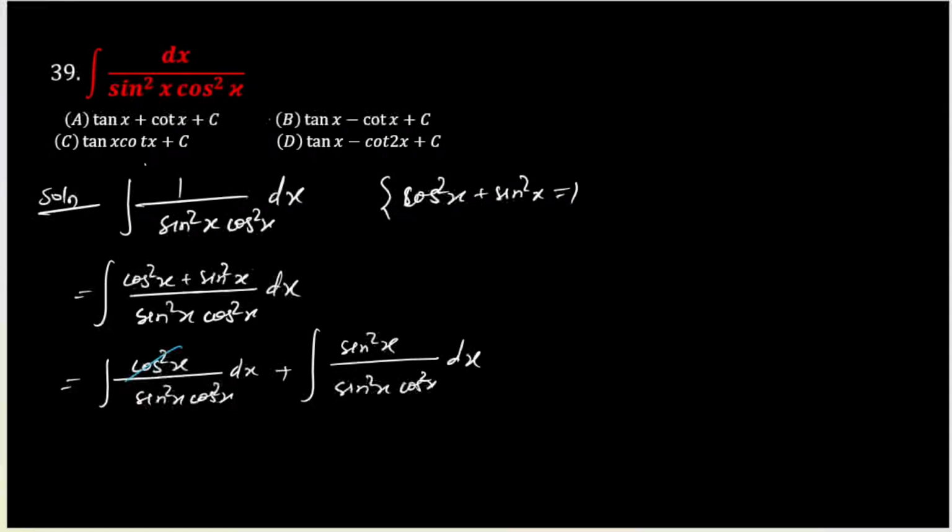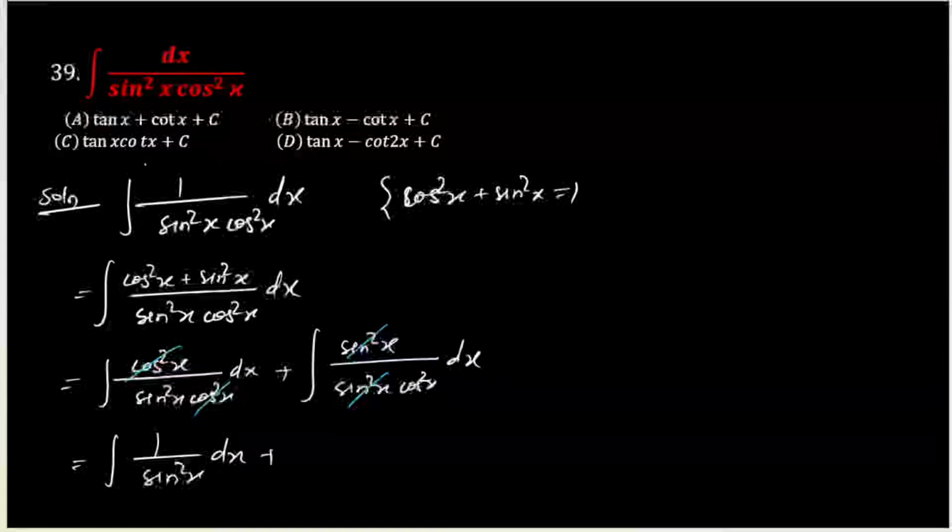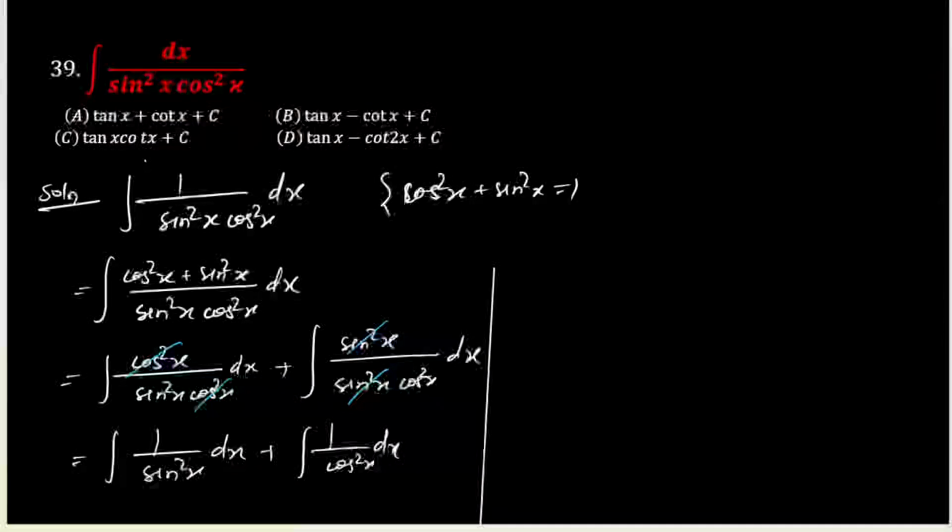So therefore cos x and sin x cancel, and the required integral is 1 by sin x dx plus 1 by cos x dx.